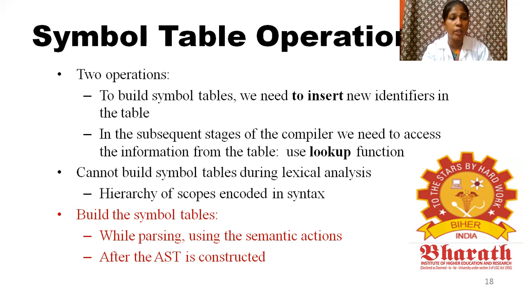In order to do that, we have to build the symbol tables using the details derived from the lexical analysis and the parsing, and then with the syntactic actions, we'll have the AST, the abstract syntax tree, constructed, and from the abstract syntax tree only we'll be developing our symbol table.